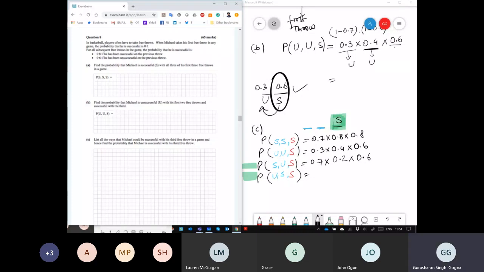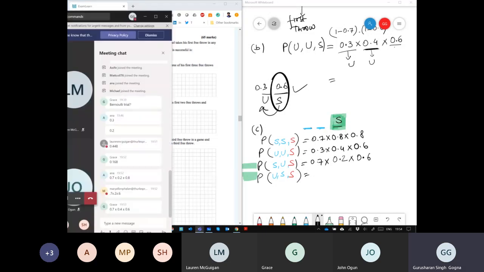Agree? And the last one, what about USS? So first one has to be 0.3 because it is unsuccessful, isn't it? Next one is successful, but the previous one is unsuccessful.